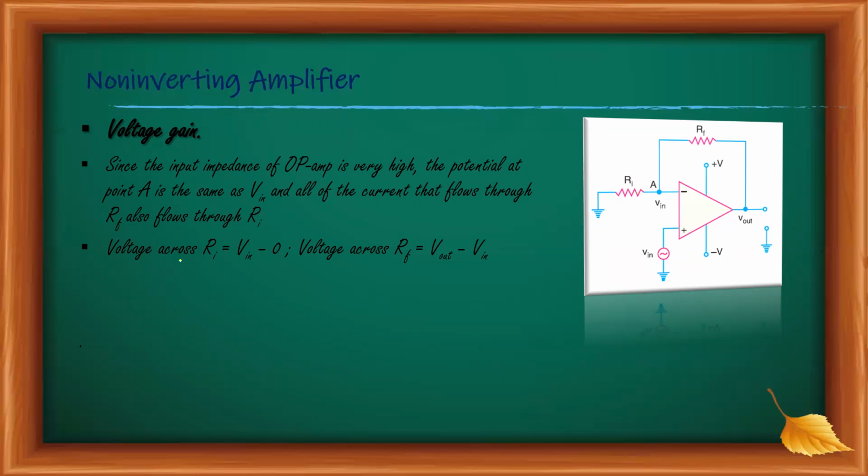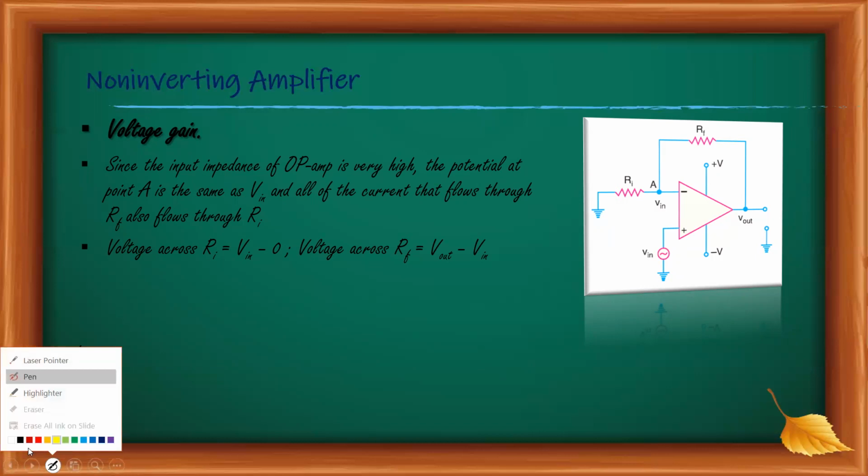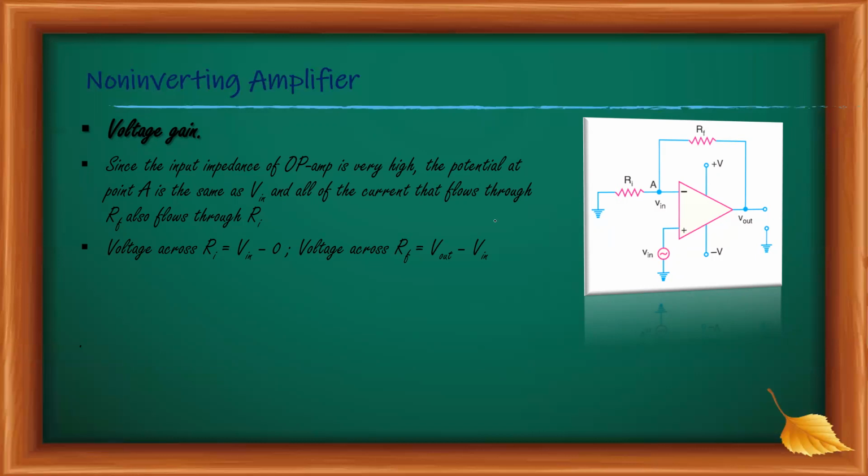Here the voltage across Ri: here the potential is 0 and here the potential is V in. So the voltage across Ri must be equal to V in.